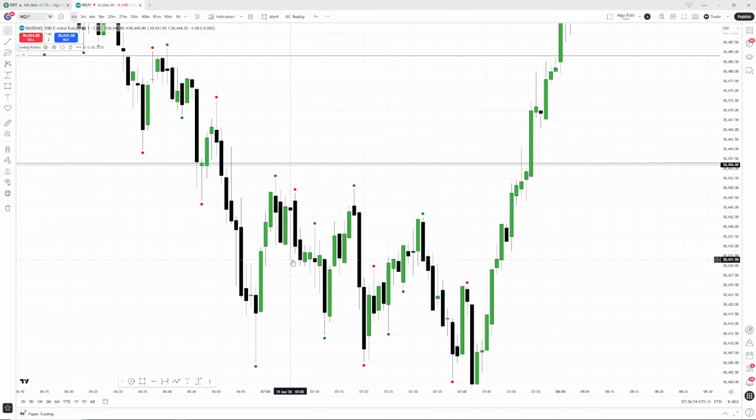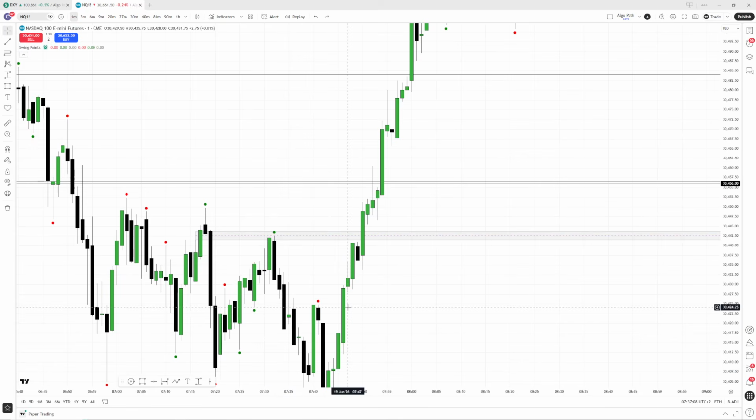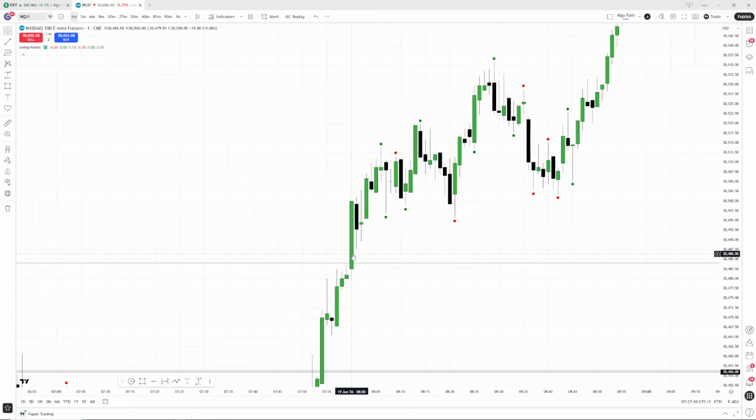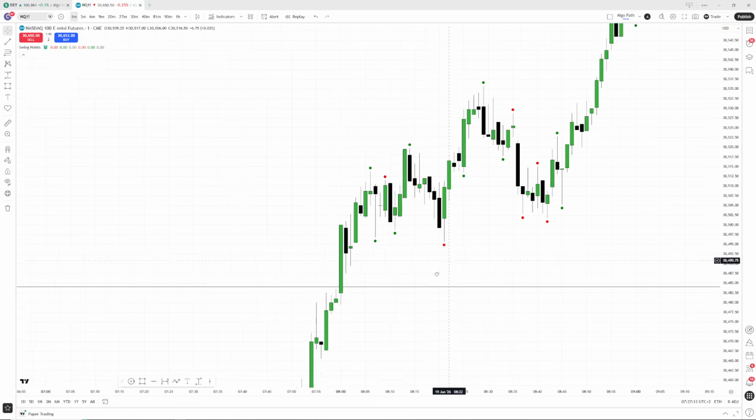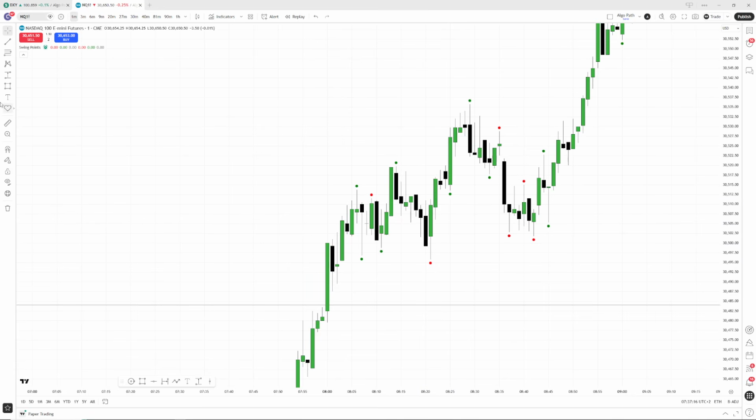So there is this inverse fair value gap of 7:17, right? So once it is broken, this becomes inverse and price reacts there. Now there is an 8:22 gap here and price respects it.